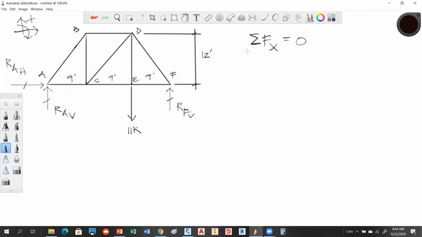So for sum of forces in X, what do we have in X? RAH, right? And it's not being resisted by anything, or there's no force in that direction, so that's 0. We agree?